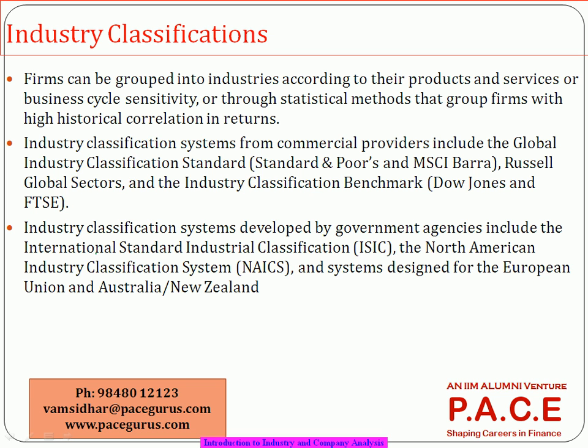So that's where one analyst's thinking will differ from another analyst's thinking, because it's not written anywhere that these 10 companies only will go as a part of the automobile industry. Probably the kind of companies BSE has included as a part of its auto index is different from the companies which NSE has included.